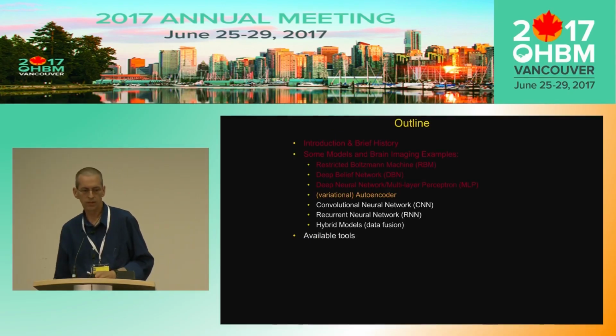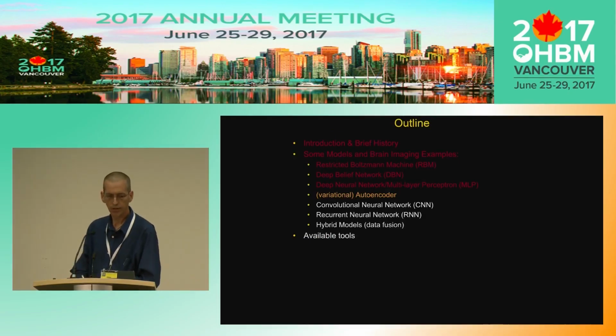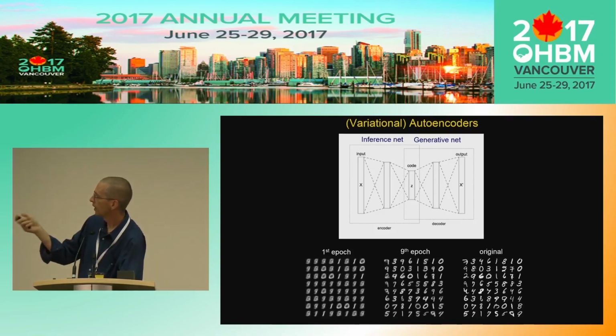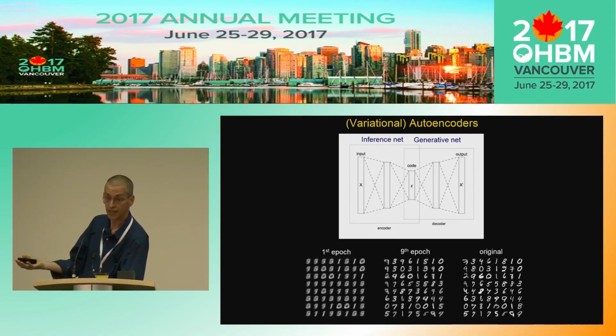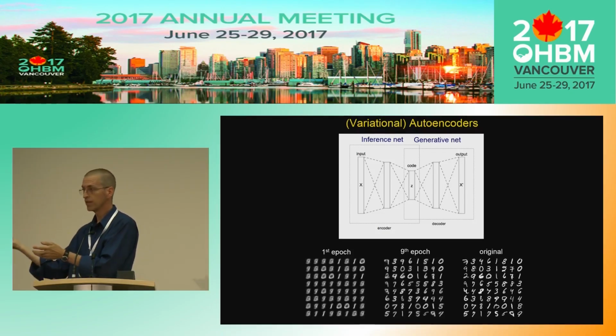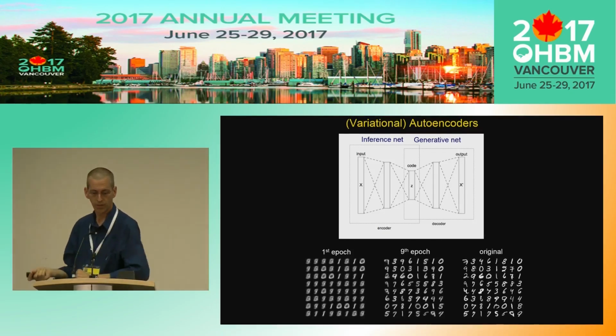Okay, the third area that I wanted to touch on is called an autoencoder. There are all these cool names people give their models, and you have no idea what they mean. But autoencoders are essentially a model for representing data. Essentially, it's trying to do data reduction and fit your data quite well with a smaller number of parameters.